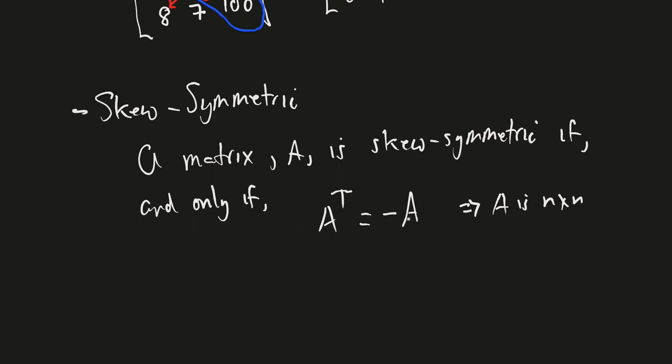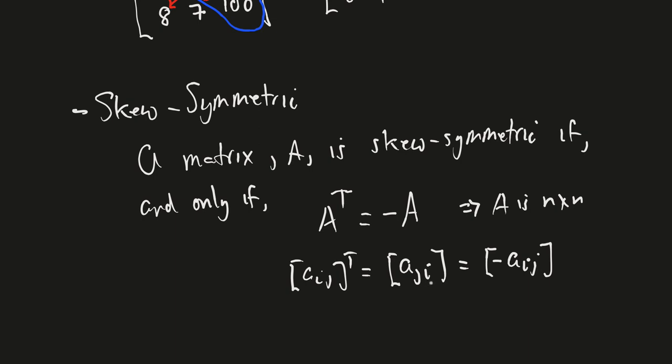The other thing too is, if I take the transpose of this matrix, the entries would be swapped like this, right? And I'm saying this is also equal to the negative of the original. So here are the entries in the transpose, and here are the entries in the negative of A. And we're saying that these have to be equal.